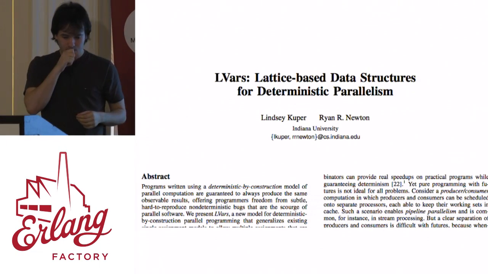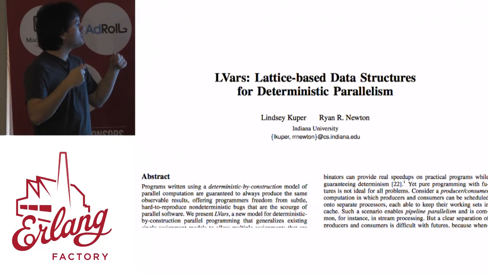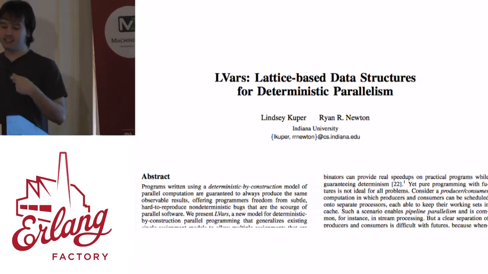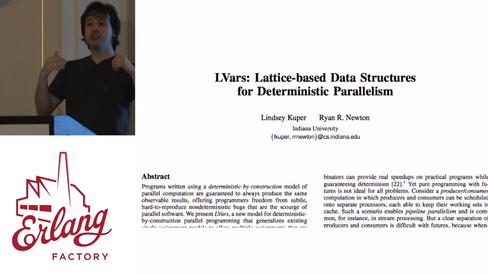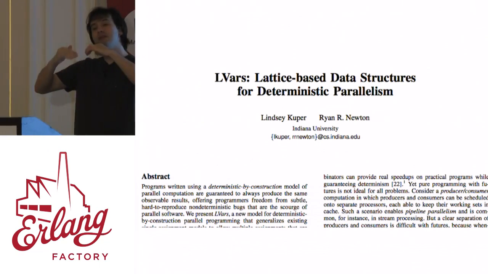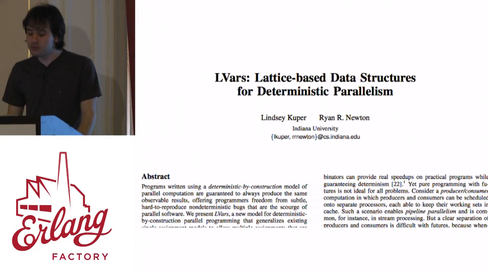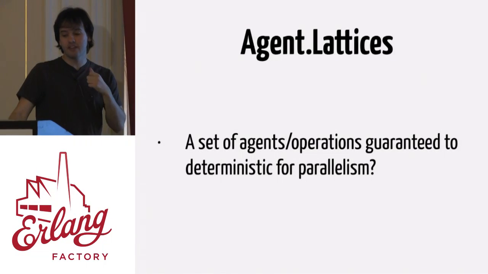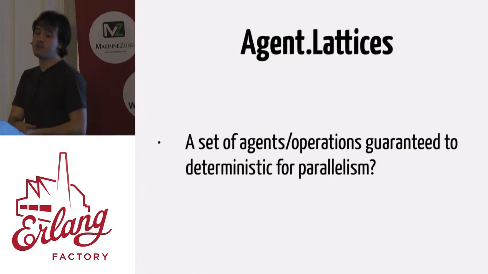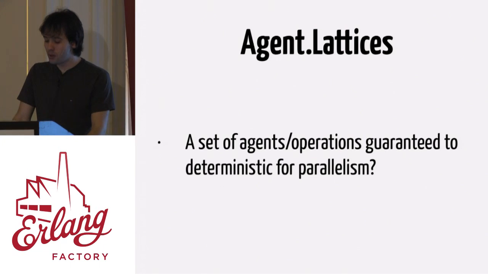So basically, as you are doing more and more parallel computations, the agent lattices are going to guarantee that you're not going to corrupt the state, and that depending on the order the code is executed, you're not going to have different results. So that's one of the things we're exploring, right? What if we have a set of agents and operations that are guaranteed to be deterministic for parallelism? And the LVars research talks a lot about that, okay?